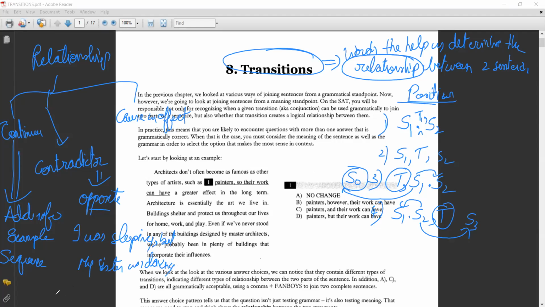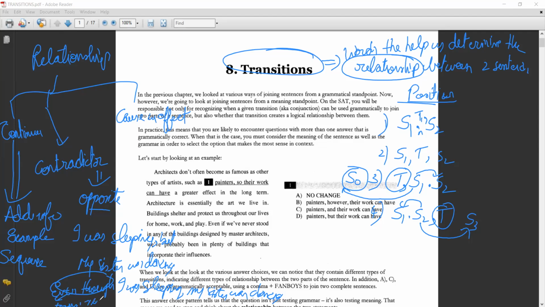Or the same sentence can also be: even though I was sleeping, comma, my sister was dancing. So what happened here? Even though is nothing but a transition.